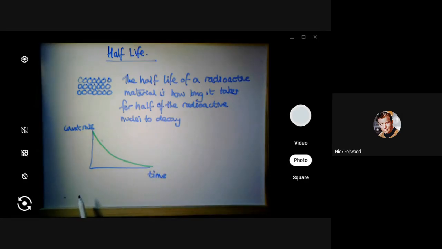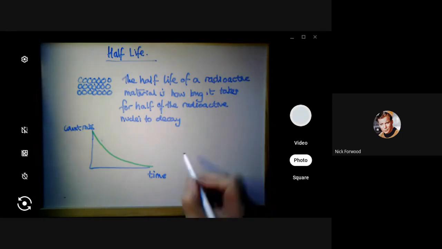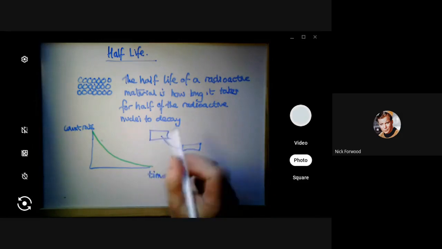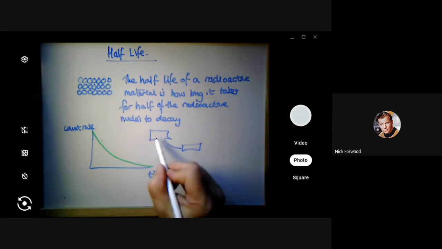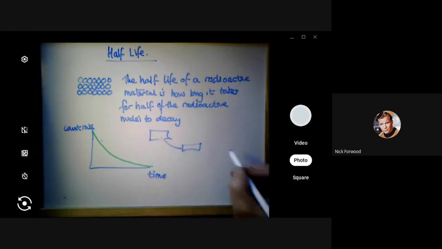Perhaps we do this every 10 seconds. We'll take our Geiger counter connected to the actual counter that gives you the numbers of decays, and we'll stick it next to a lump of radioactivity. And this lump of radioactivity is going to decay.